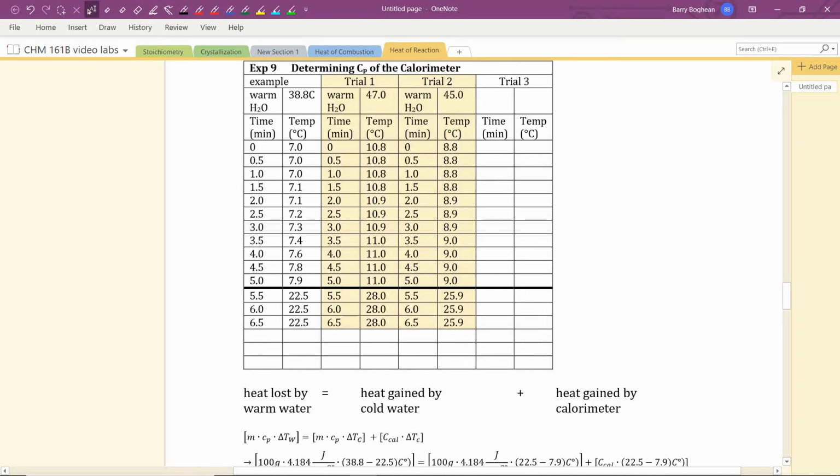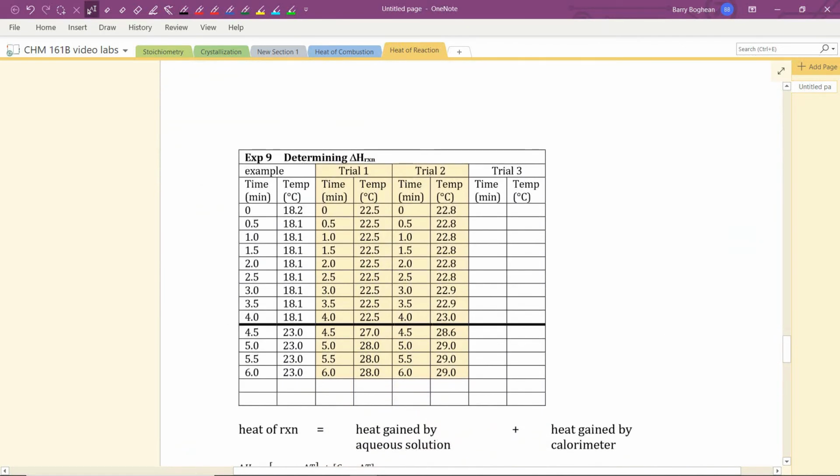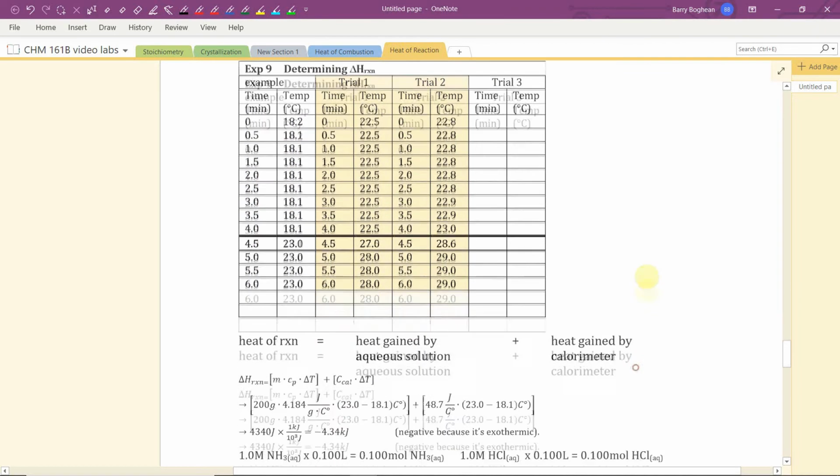Now what I want you to do is take the data here in yellow or orange or whatever color this is and work that out for yourself and put the results in these two columns. Take the average heat capacity of the calorimeter here, and you'll use that one singular average value for the next calculation. For the heat of reaction, similarly, the leftmost column is an example set of data that you can look at.